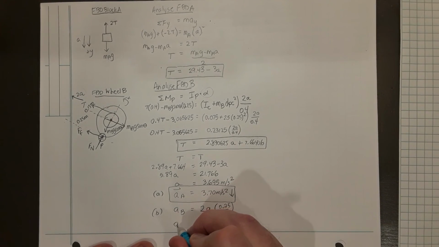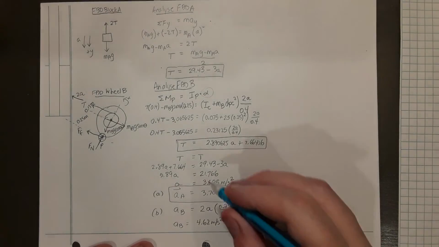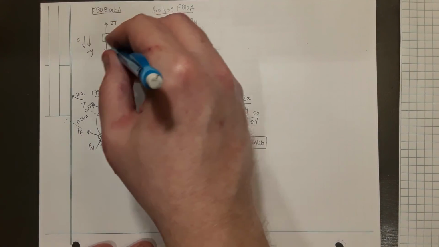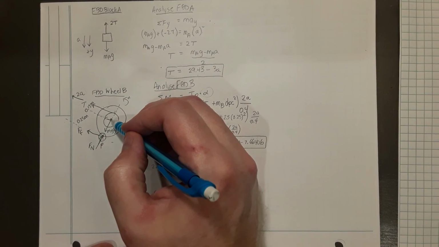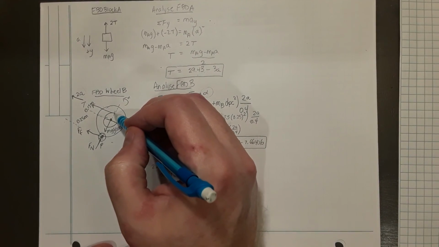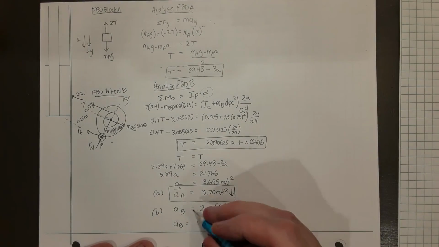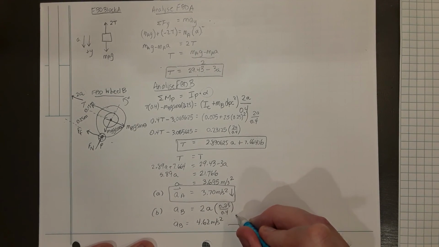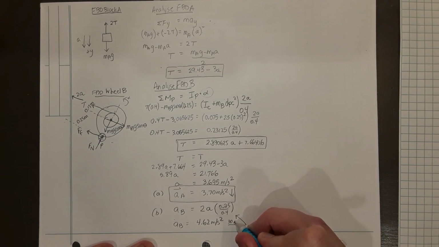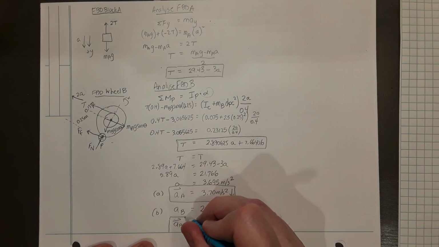And if you multiply those numbers out, we get 4.62 meters per second squared, which means the center of the wheel actually travels faster than the block. And that is, again, because even though the center is closer to the axis of rotation than is the cable, the compound pulley system doubles the linear motions. And that direction has to be parallel to the incline, so that would be at 30 degrees above horizontal to the right, or to the left.